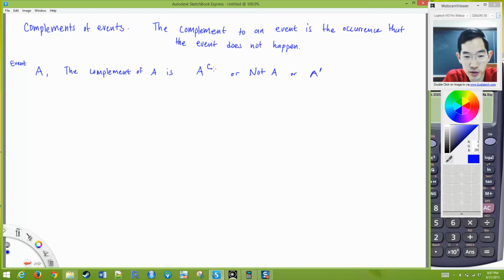Okay, the book uses A C, I probably use not A most often. So if A is equal to coin lands heads, what is the complement? The complement is the coin does not land heads.